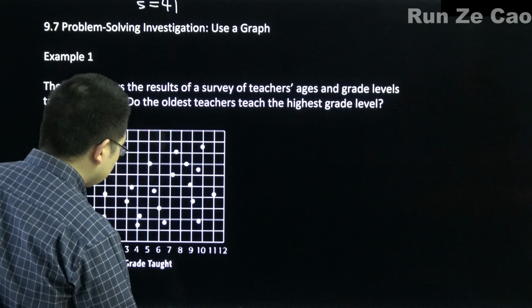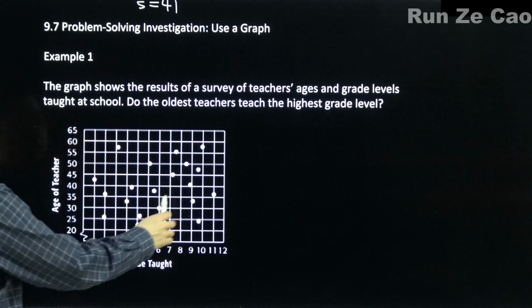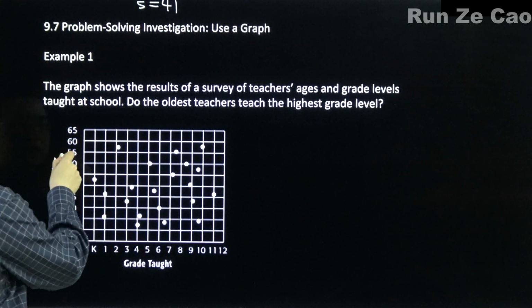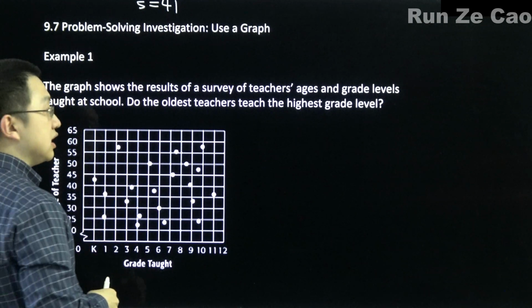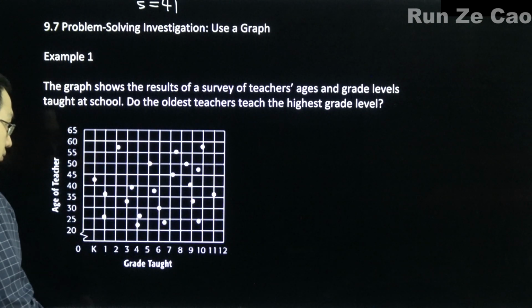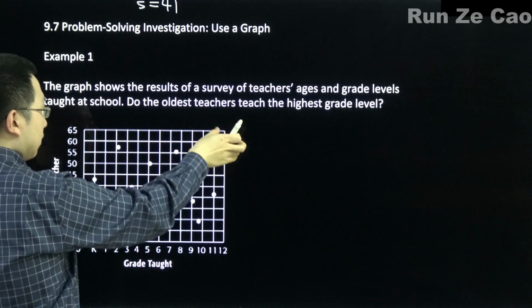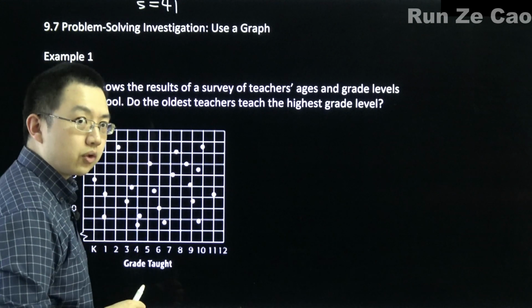There doesn't seem to be any teachers at 12, but well, whatever. The point is, do the oldest teachers here, which we can see are up here, all generally teach the highest grade levels? Like, do older teachers tend to be clumped toward higher grade levels, and younger teachers toward lower grade levels?